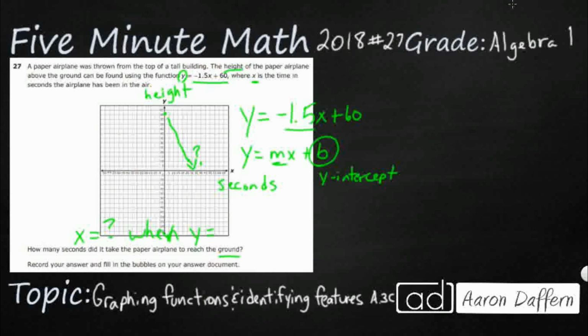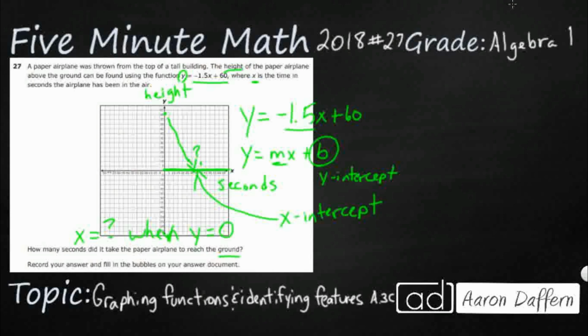Well, when you're hitting the ground, y is 0. So I want to know where on this x-axis this height is going to reach 0. How many seconds is that? So really, all of this is making me look for the x-intercept.